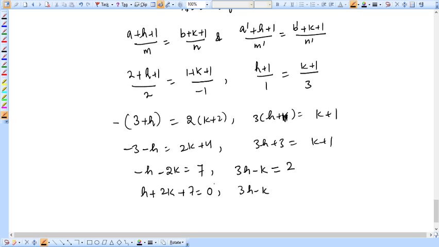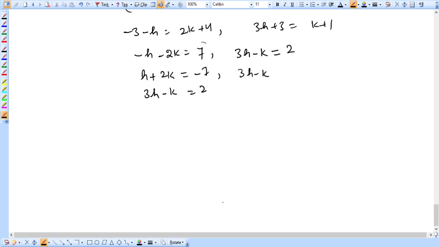Let me write it in this way, because this would be pretty simple to make you understand. So keep it here only, plus 7, and 3h minus k is equal to 2 here. Okay, as we know how to solve a system of linear equations, multiply it by 3, this would be 3, this would be 6, this would be 21.